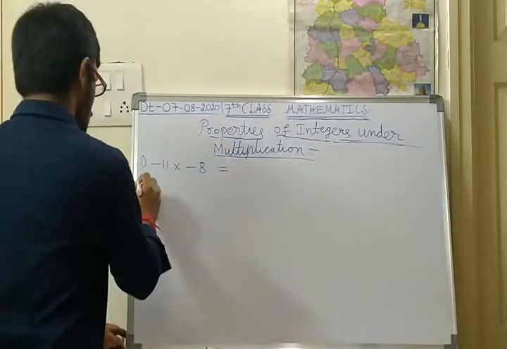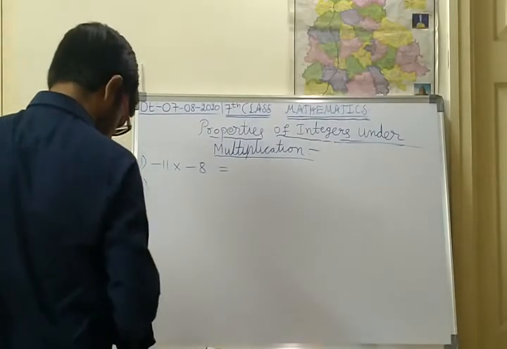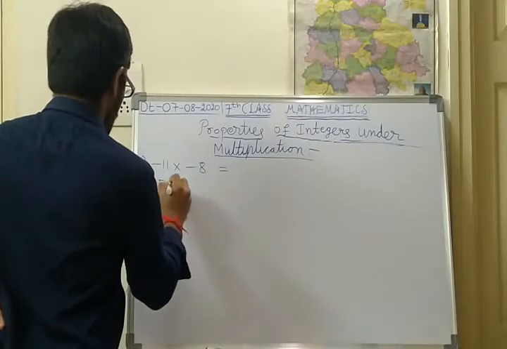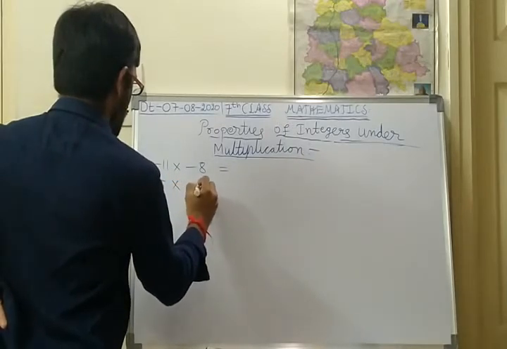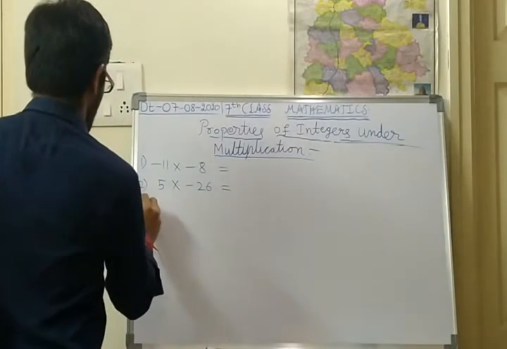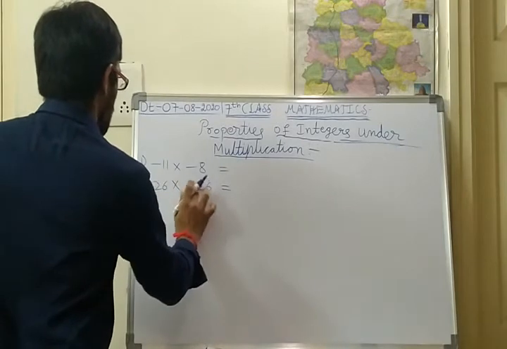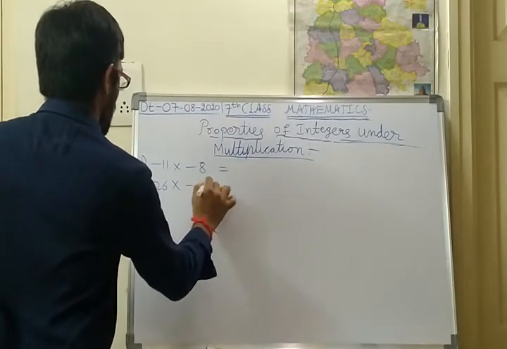Second one: 5 into minus 26. Third one: 26 into minus 5.